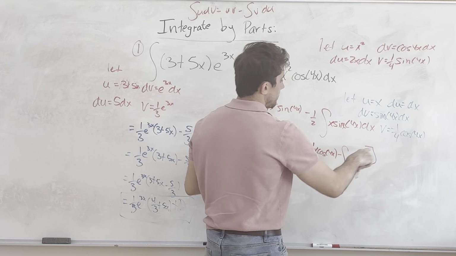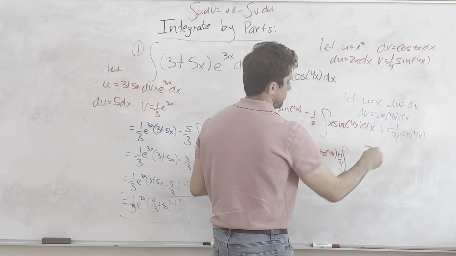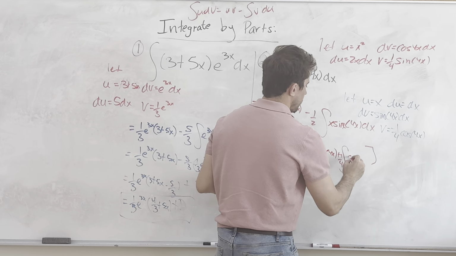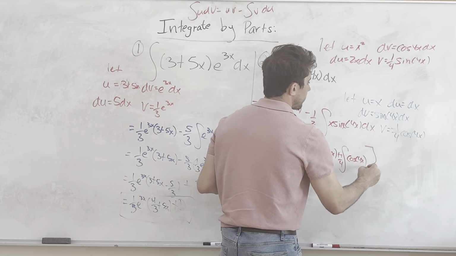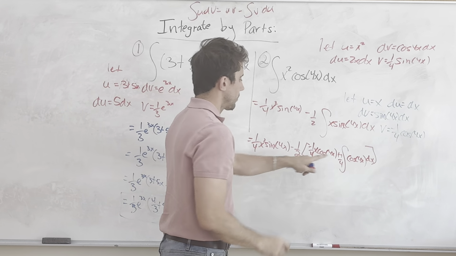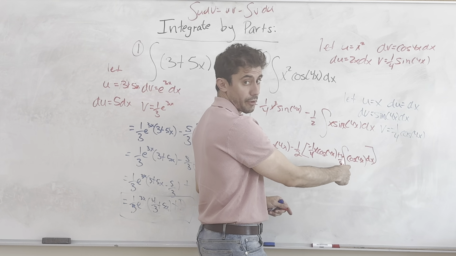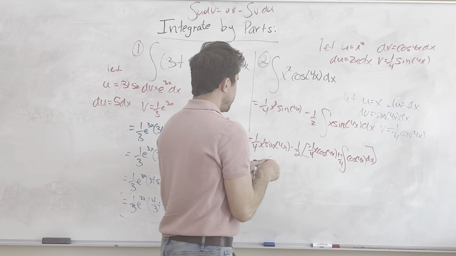That means minus negative 1/4 will be plus 1/4 cos 4x, and then du is simply dx. And so this is where we wanted to get to. Now that integral with cos 4x has no other part to it, and so we can evaluate it.